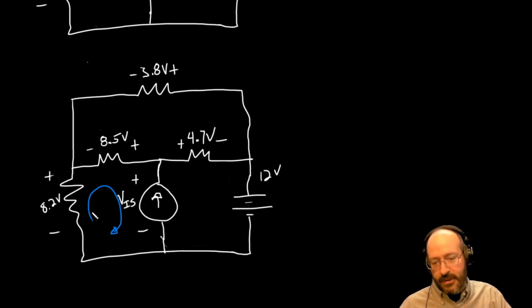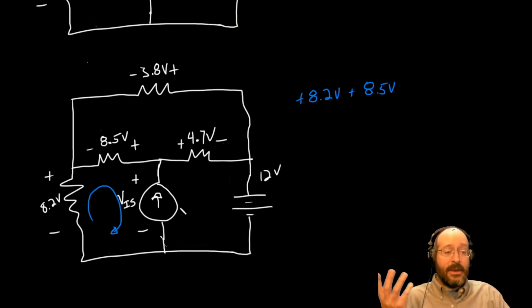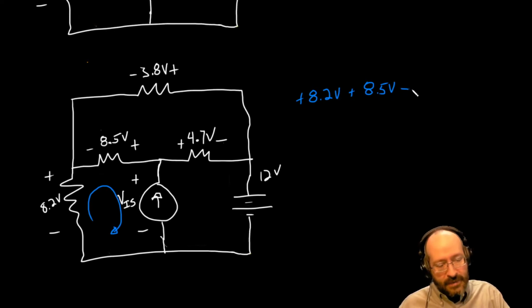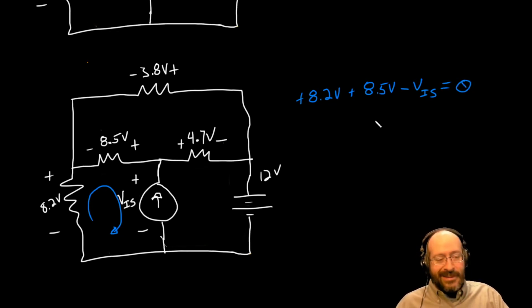We're going to start down here. We're going to go up 8.2 volts. From here to here, we're going to go up 8.5 volts, and then using this polarity that I picked out of the blue, I won't lie, I'm going plus to minus, so it's going to be minus VIS, and then I'm back to where I started in the lower left here, and that's going to be equal to 0.